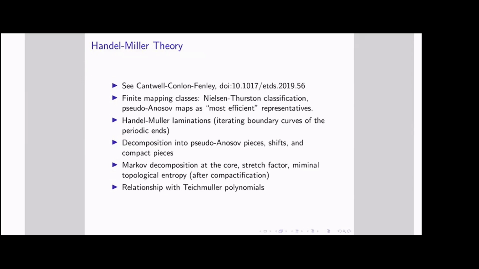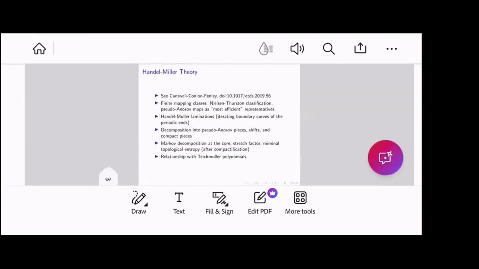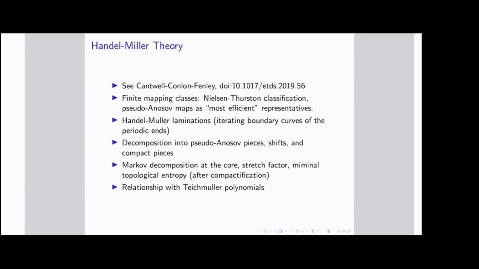The key idea of this paper is that, in order to build this pseudo-Anosov map, classically the idea is that we pick a generic closed curve and just iterate it, do forward iteration and then backward iteration, and they are going to converge to some measure laminations, and then we can make the laminations into foliations by collapsing complementary regions.